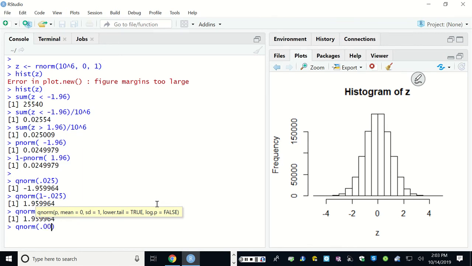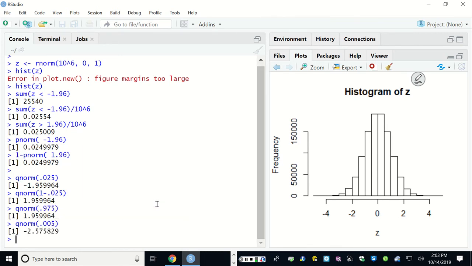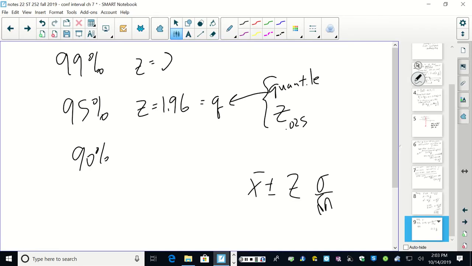So 0.005 is that number. It's about 2.576, right? 2.576. And many textbooks will give that as the number. You could round it to 2.58. And the 90 percentile is about 1.645.